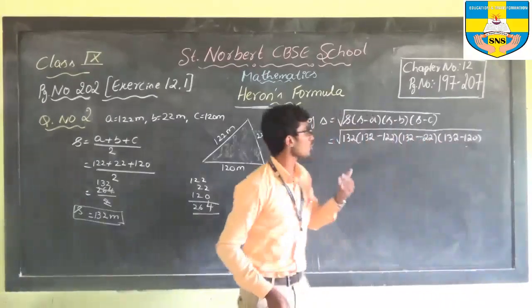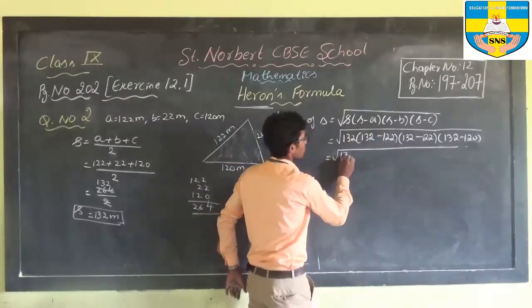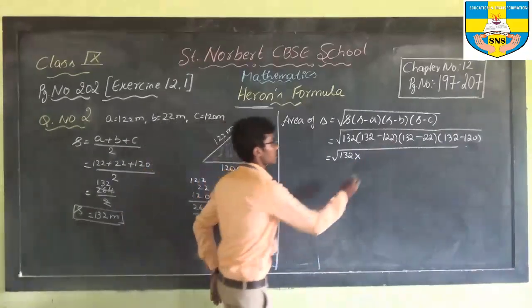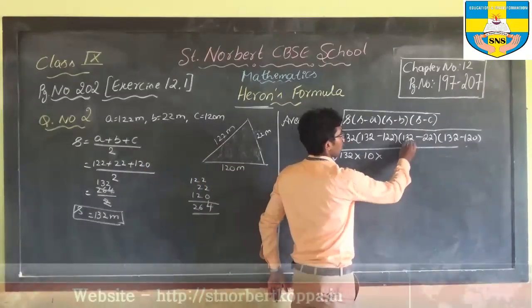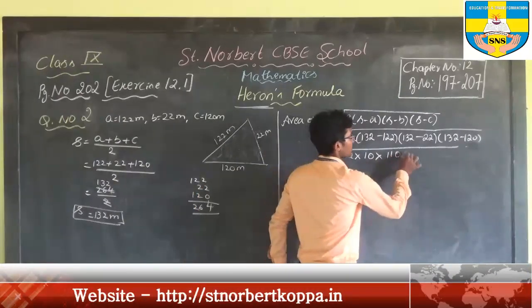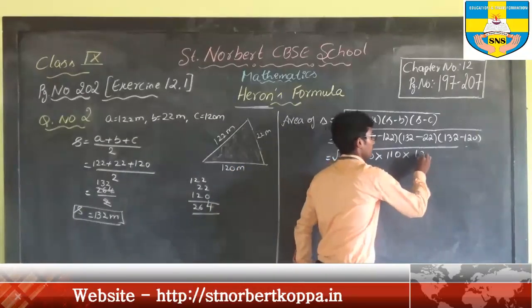Then try to solve this. 132 minus 122 is 10, 132 minus 22 is 110, and 132 minus 120 is 12.